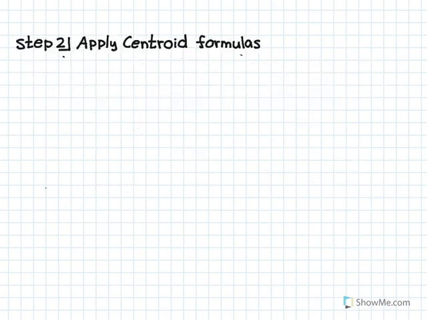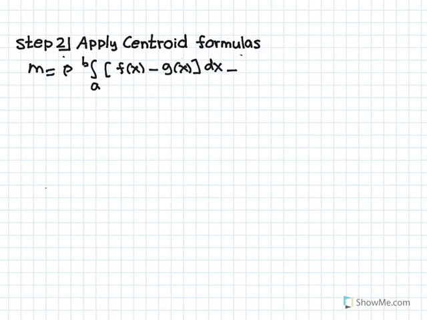All right, so now let's apply the centroid formulas. Mass is equal to density rho times integral a to b, top function minus bottom function, f of x minus g of x dx. The density is 3. Integrate from 0 to pi, these are the x limits.